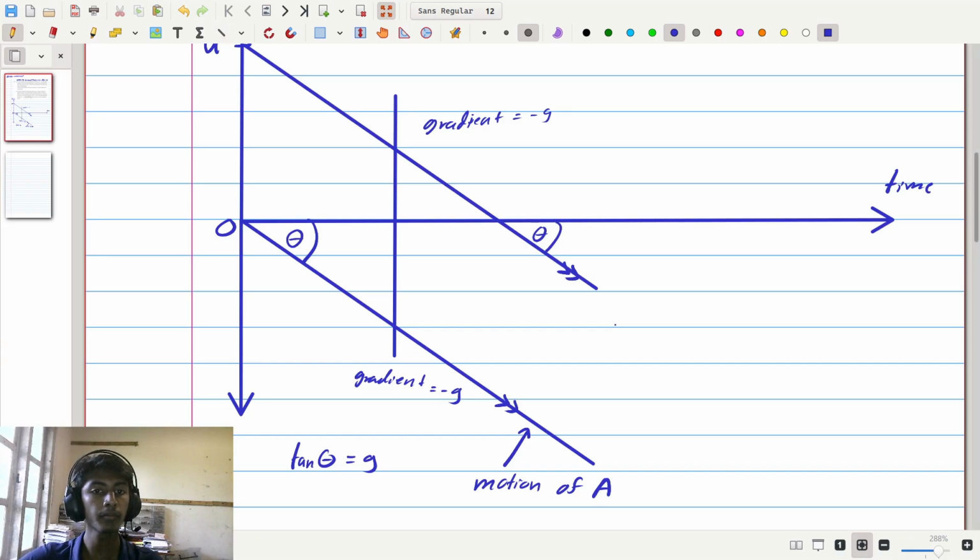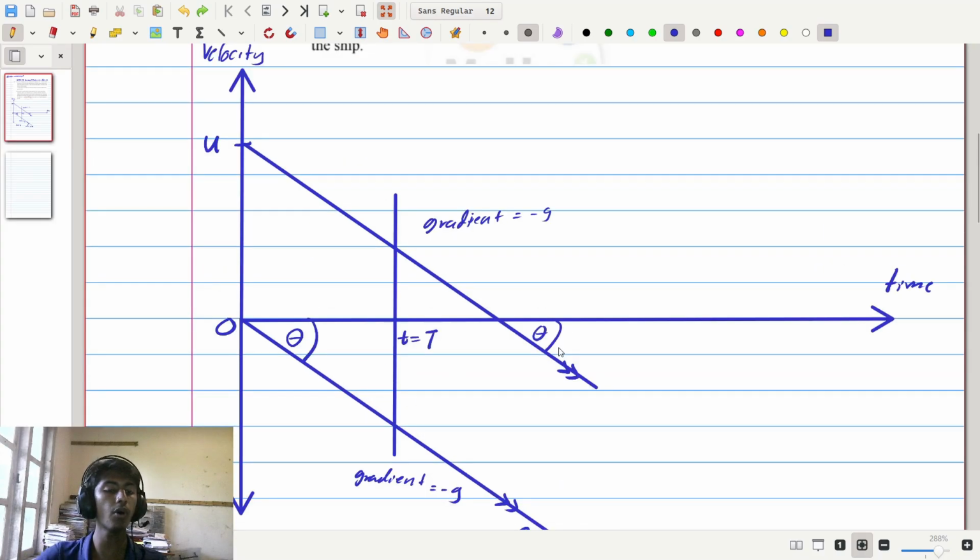So we can see at this time t, which I'm going to call t equals capital T, both of the particles I'm going to suppose are at the same vertical position. Now considering this shape here that we've drawn, if this time is t equals capital T and this time here is t equals 0, then the distance between these two points must be equal to capital T. Due to that, I can mark this length right here as being equal to capital T.